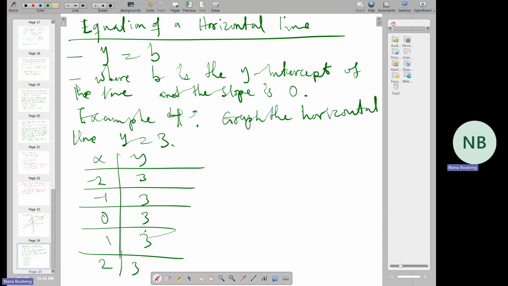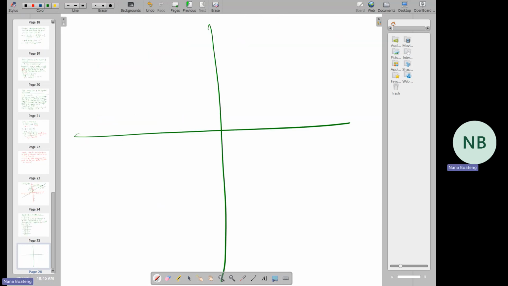All right, so we can plot these pairs of points on the graph as so. This is 1, 2, 3, 4, 5. This is 1, 2, 3, 4, 5. Oh, this is negative.